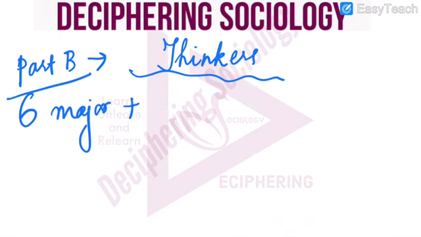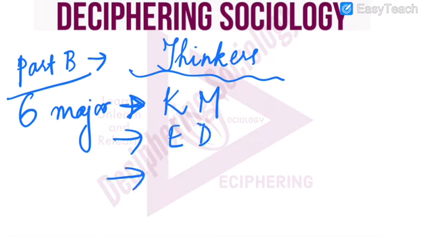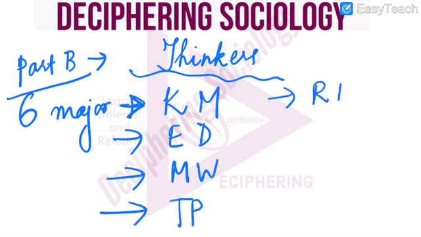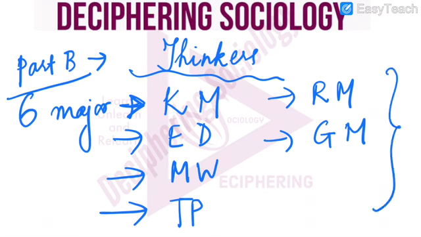They are Karl Marx, Emile Durkheim, Max Weber, Talcott Parsons, Robert Merton, George Herbert Mead. So 6 major thinkers.